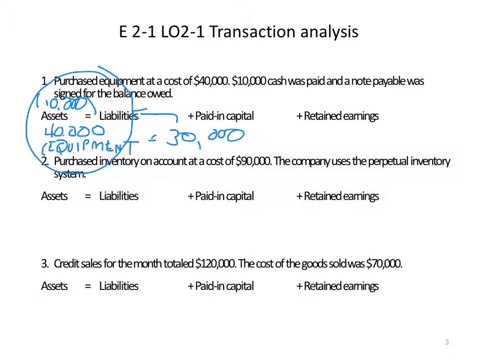The second transaction is purchased inventory on account at a cost of $90,000. And it says the company uses the perpetual inventory system. Don't worry about that too much right now. I think that's probably the only inventory system you know. But that's saying that an asset account, inventory, went up.